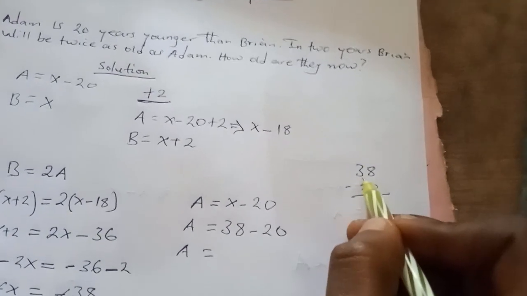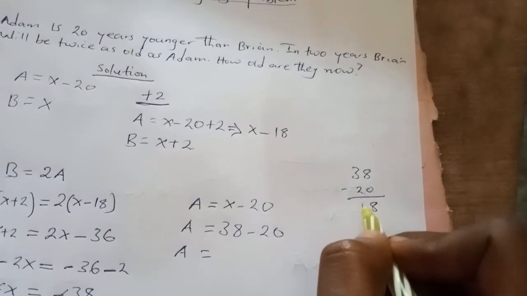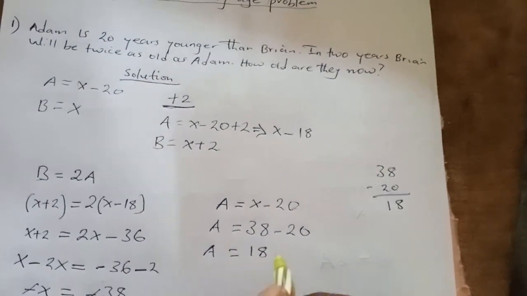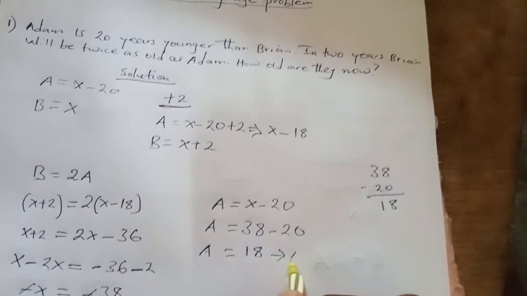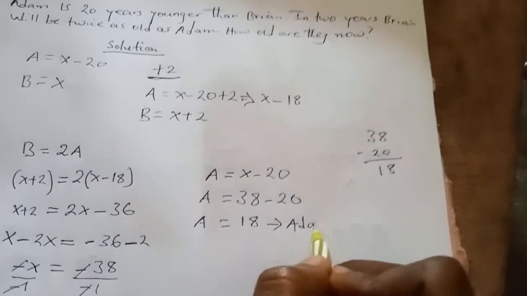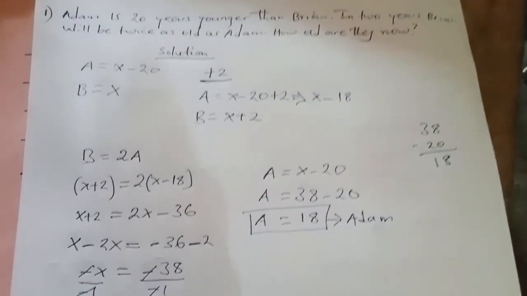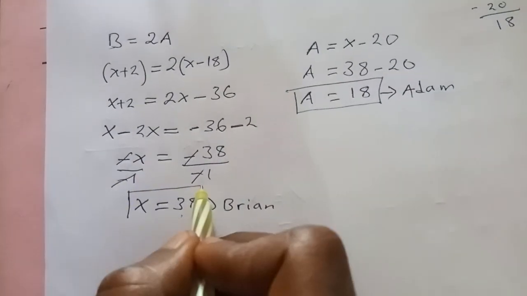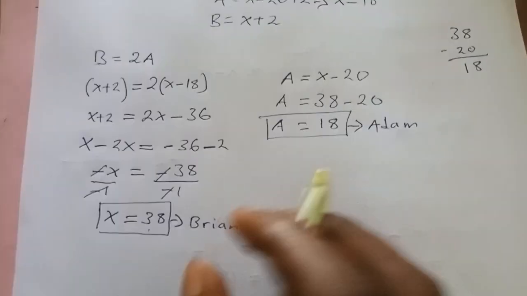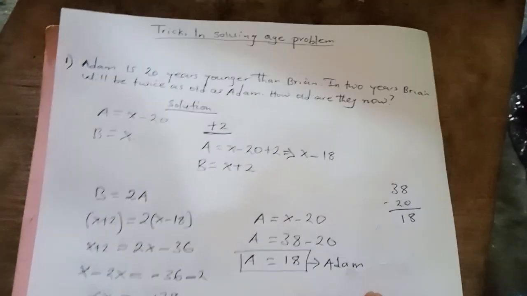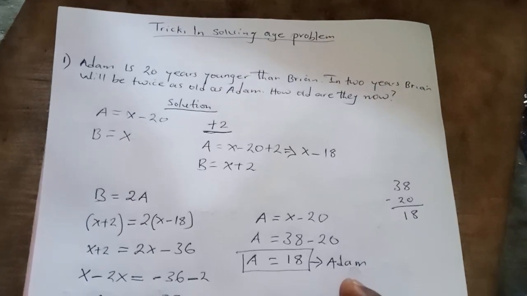And 2 going into 3 is 1, right? So we have 18. Therefore, this is Adam's age. This is Brian's age, and this is Adam's age. So there is the problem that we give you that will confuse you.